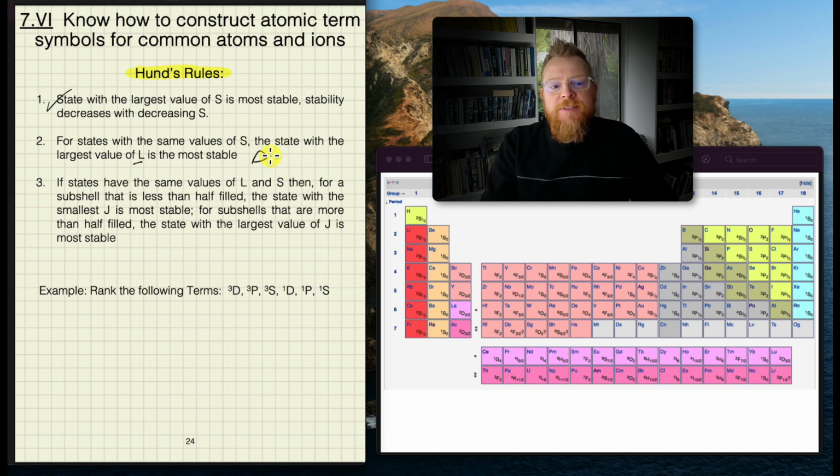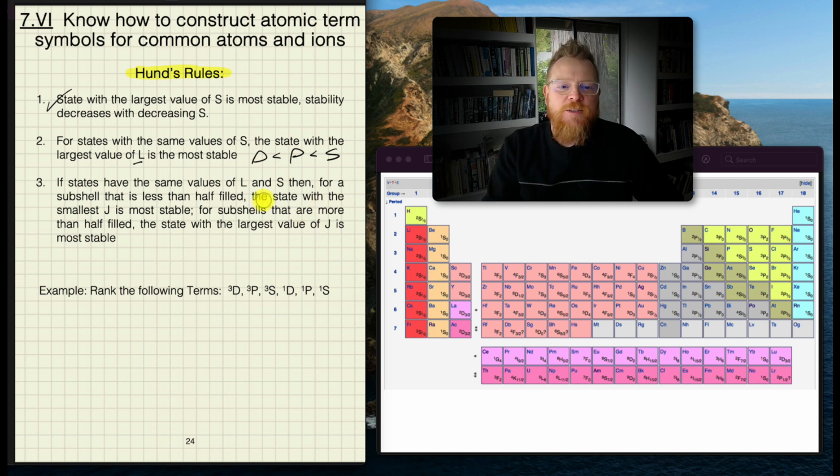So for example, D is lower in energy than P is lower in energy than S, which I know is like the opposite of what we talked about for our orbitals, but remember, these are the term symbols, not necessarily the orbitals.